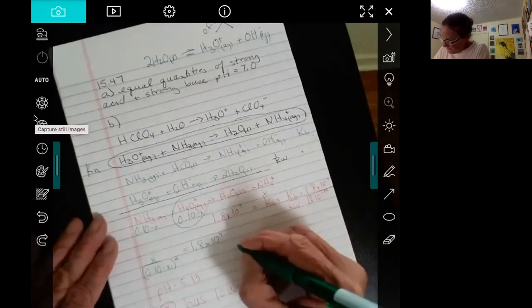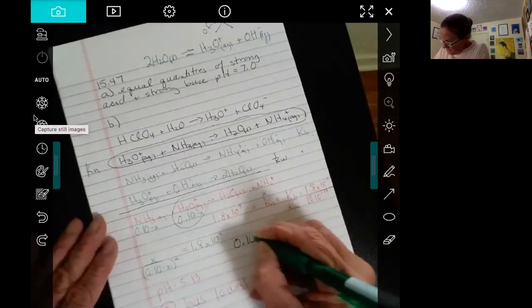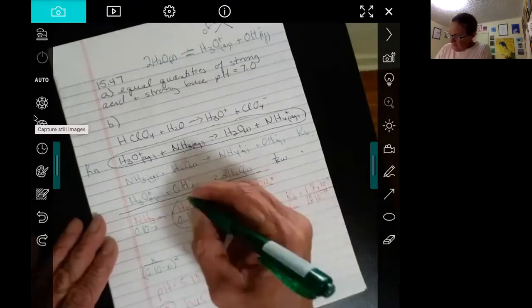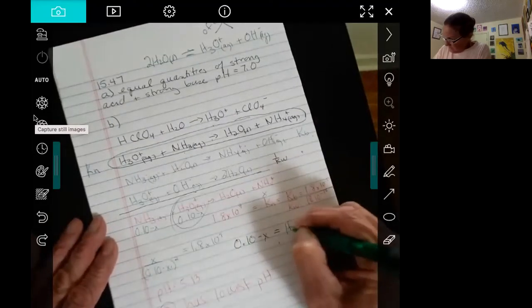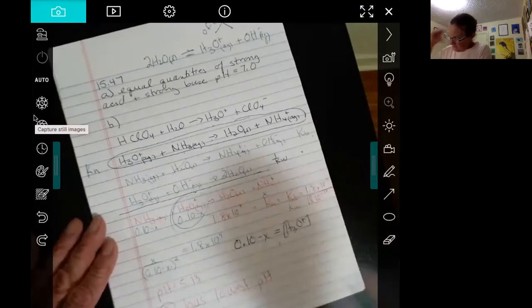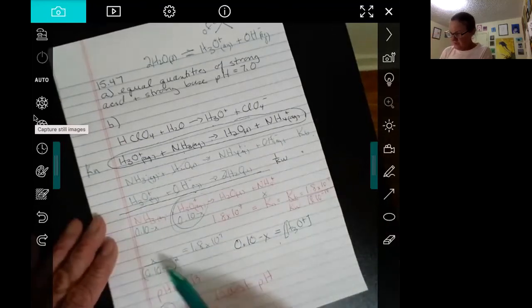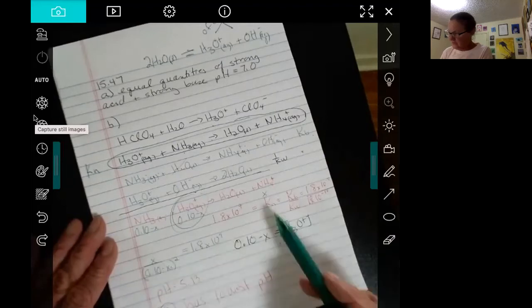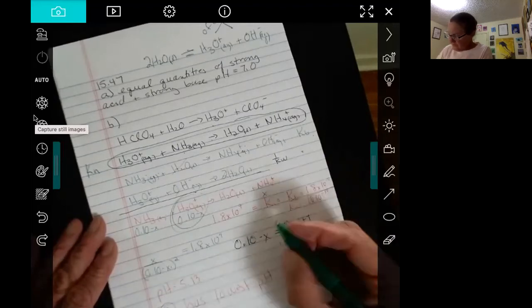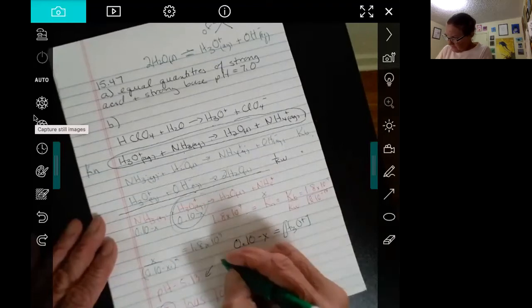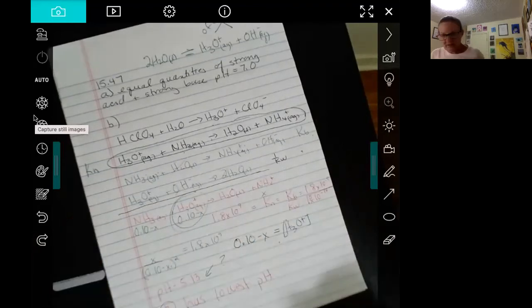Well, whatever you get for X, then it's 0.10 minus X equals H3O plus. And you can check and make sure I did that right. Make sure I didn't just say that X was the H3O plus concentration, and then convert that to a pH and see if you get the same value I got here.